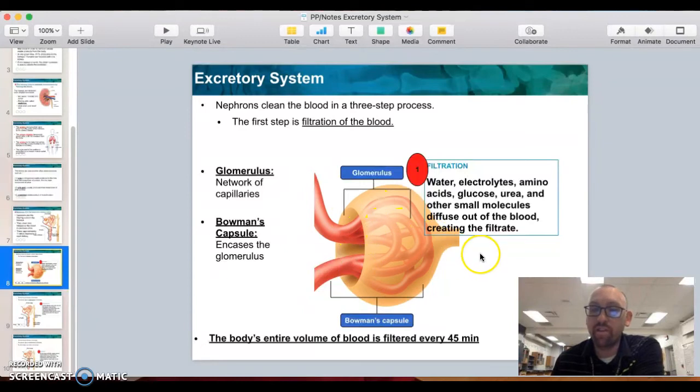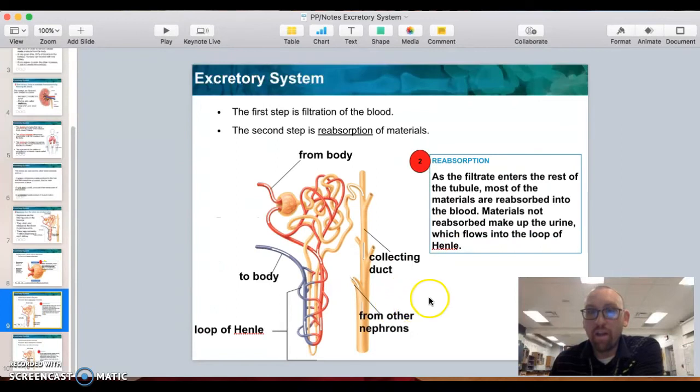But what you'll learn is that's not really as good as you would want. You need some stuff in your blood, like some glucose, some ions, some electrolytes. So what your kidneys do is start by taking everything out, and then as the blood flows through these other parts, it reabsorbs the healthy, good stuff that it needs back in.